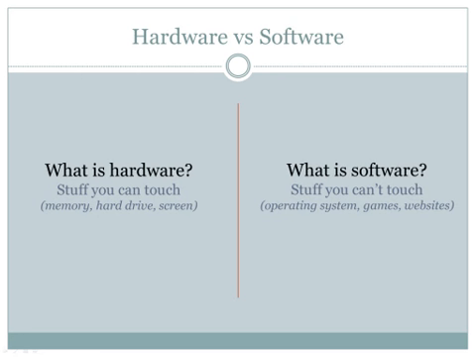Remember us talking about hard drives and memory, as well as input and output devices like the mouse and keyboard and the screen, as well as speakers. Well, then there's software. And this is essentially the stuff you can't touch, but still very important to a computer, like the operating system, or any other computer programs that you have on a computer, like games and websites.